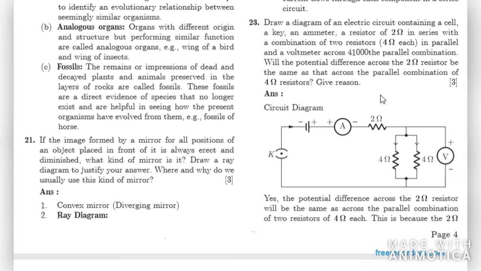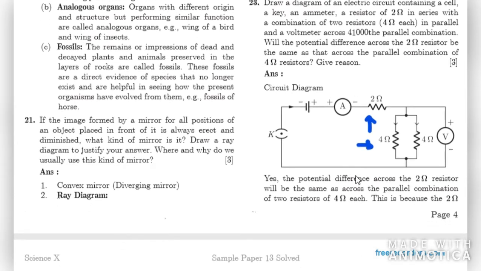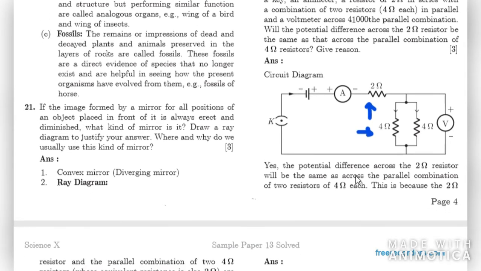So in this, as you can see, there are 2 resistors which are in parallel. Then the 2 ohm resistor is in series with these parallel resistors. The ammeter is there, key is there, switch is there, and across the resistors we have a voltmeter to measure potential difference. Now the question is, will the potential difference across the 2 ohm resistor be the same as that across the parallel combination?